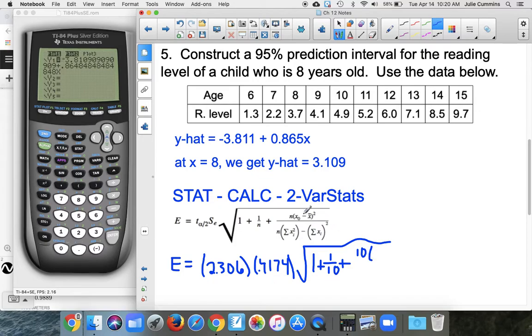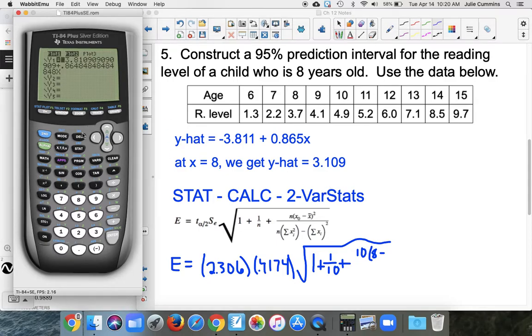Okay. X0, that's what we're talking about. That's our 8-year-old, so X0 is going to be our 8-year-old. And then X bar, that is going to be the mean. So this is where we're going to start looking to our calculator for help. All the rest of these values are going to come from our calculator.